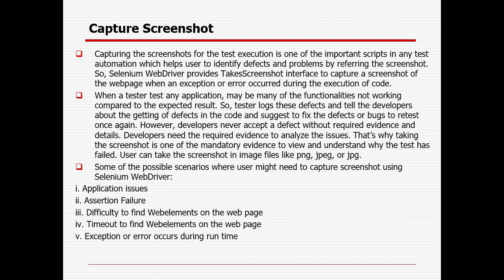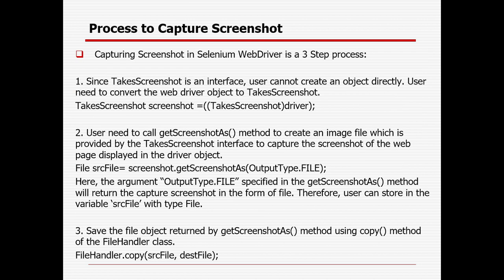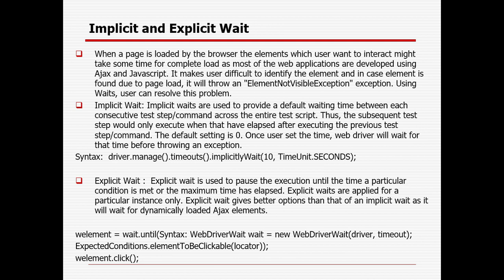Capture screenshot is a very critical part of your automation testing. It does not matter whether the test case failed or passed, you should always capture the screenshot, and you should prefer to create a static method, which you can call as and when required directly without creating an object or instance of the class. This is the three-step process to capture the screenshot.